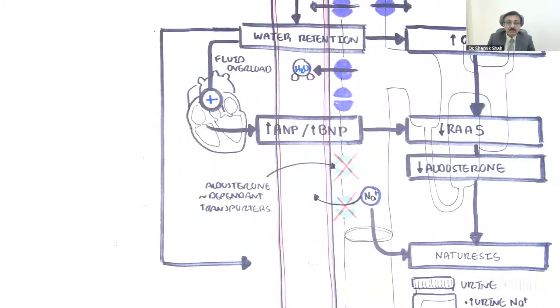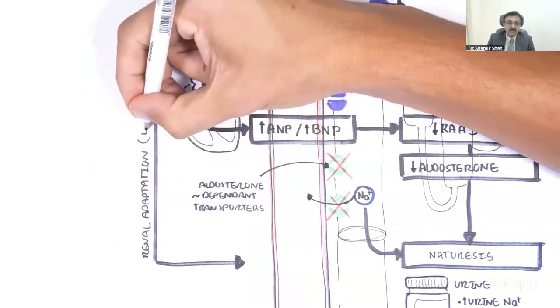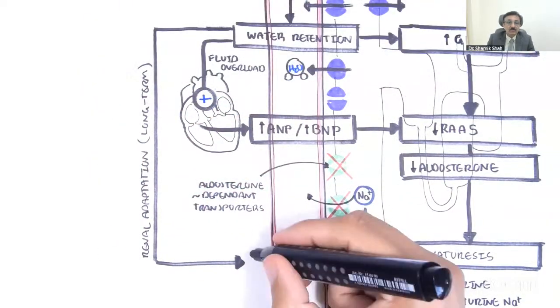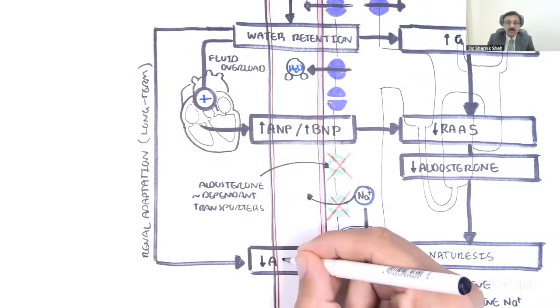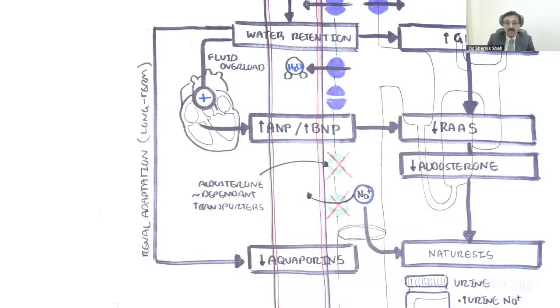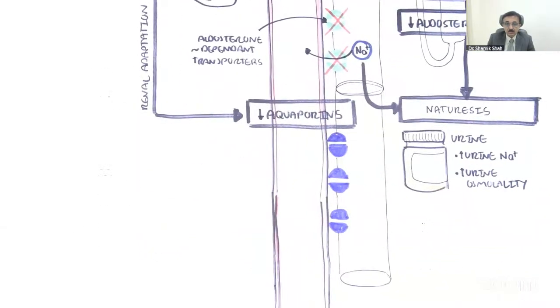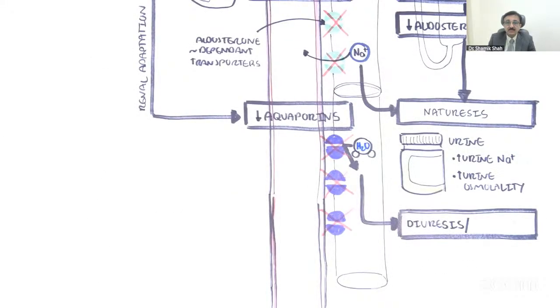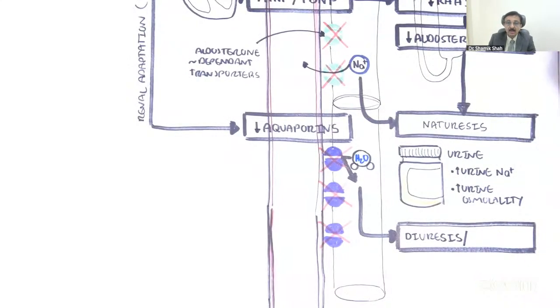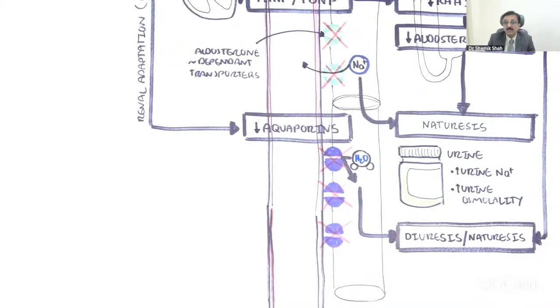Now, over time, when this condition remains for a longer period of time, there is an adaptation happening in the kidneys. The number of aquaporin channels reduces. So when the number of aquaporin channels reduces, the water reabsorption which happened earlier with ADH does not happen, and so there will be a loss of water as well as sodium in the urine.